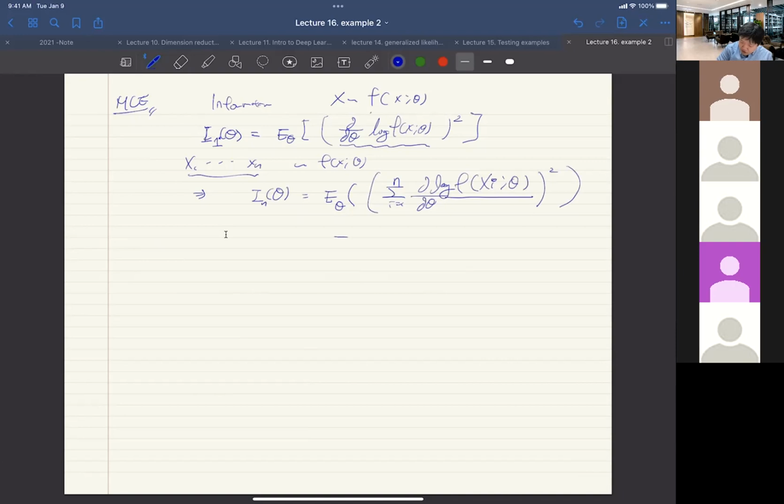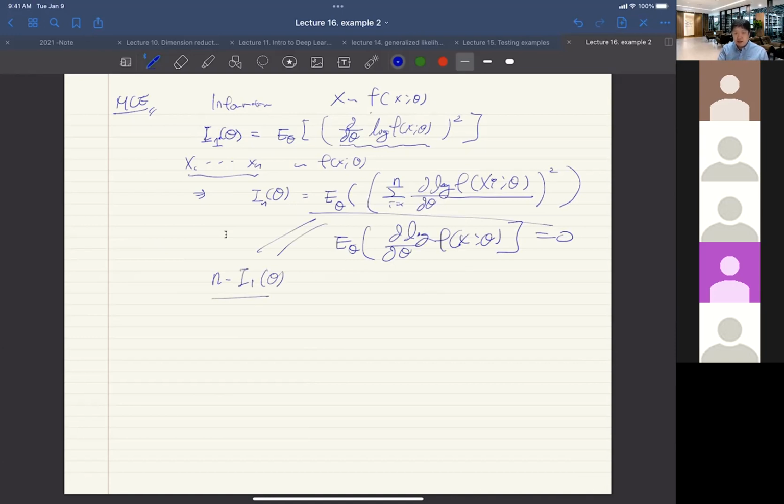And then if we use the fact that the expectation is 0, this is just the same as n times I of theta. Right? So your information is additive.